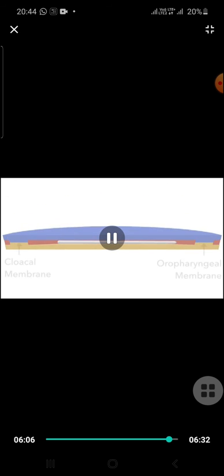Apart from the space the notochord occupies, it is absent also at the oropharyngeal membrane, located where the procordal plate once was, and the cloacal membrane. These are structural elements of the embryo that currently exist as ecto and endoderm tightly adhered. And that concludes the process of gastrulation, from bilaminar to trilaminar.